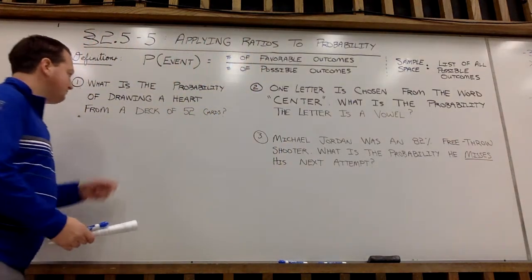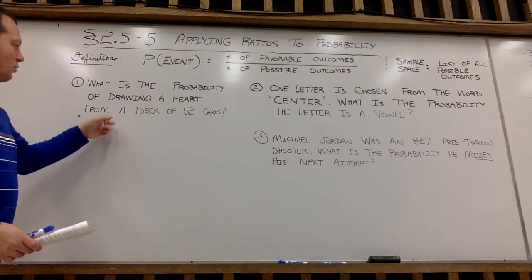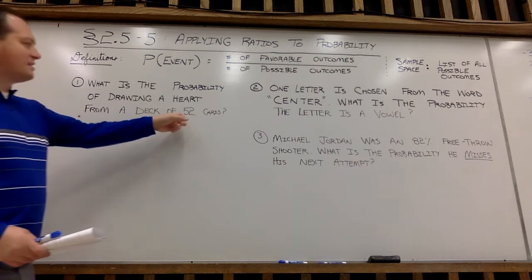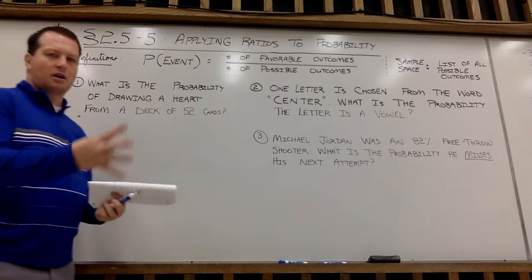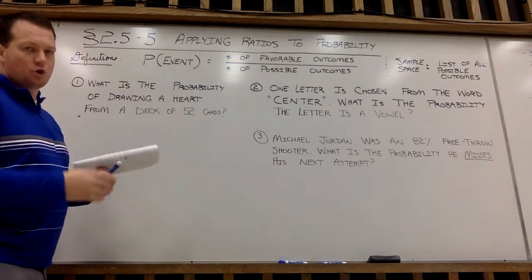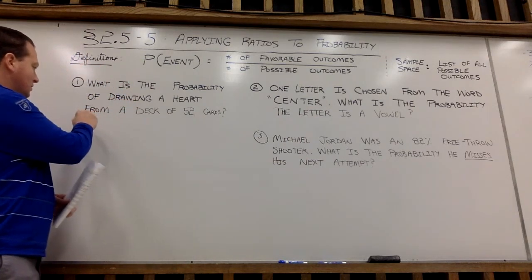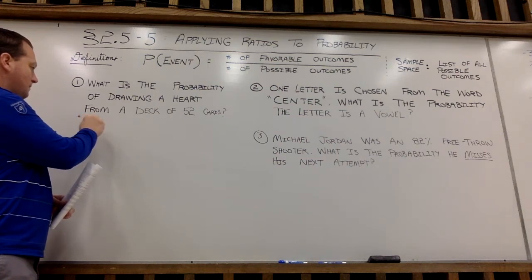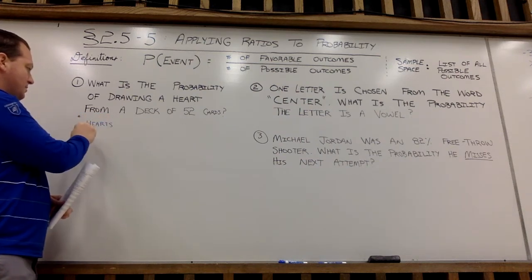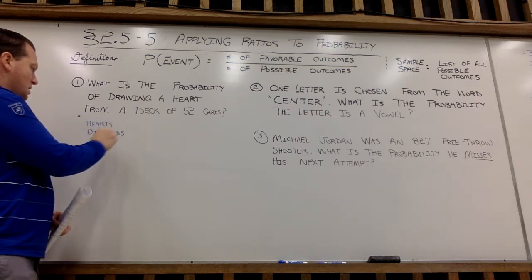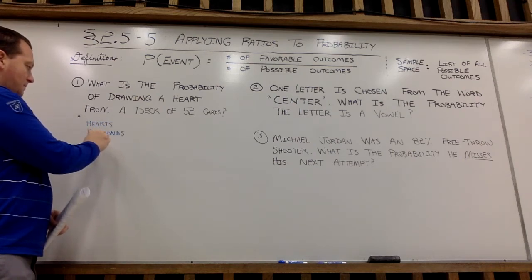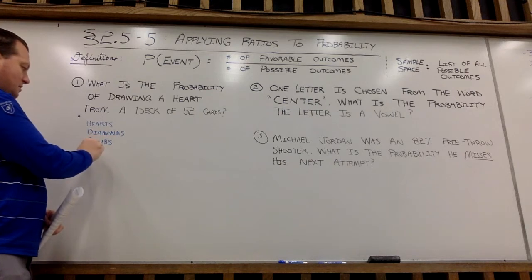So, first example here, we are going to draw a card from a deck of 52. In a deck of 52 cards, there are 4 suits. No jokers in the deck of 52. We've got hearts, diamonds, clubs, and spades.